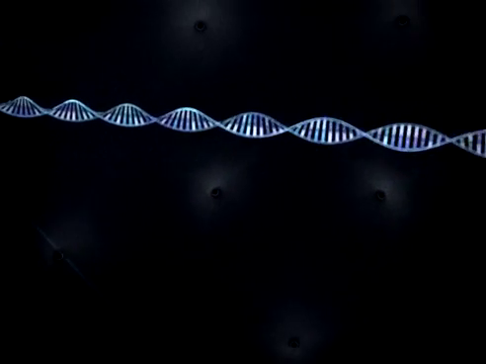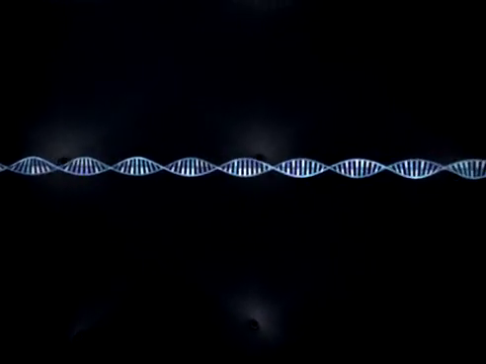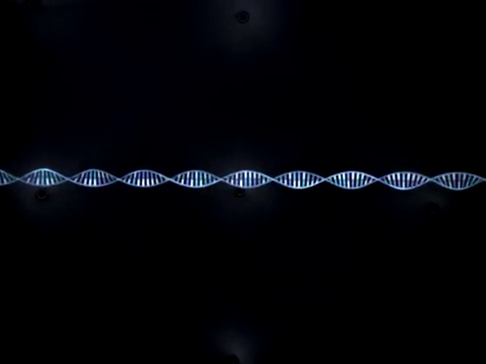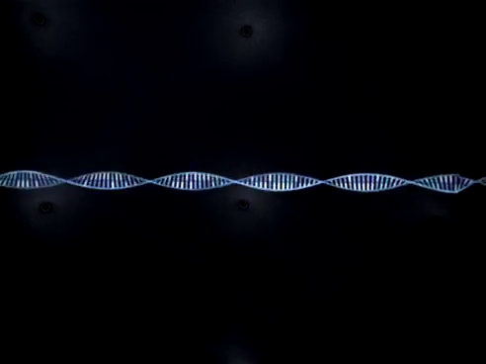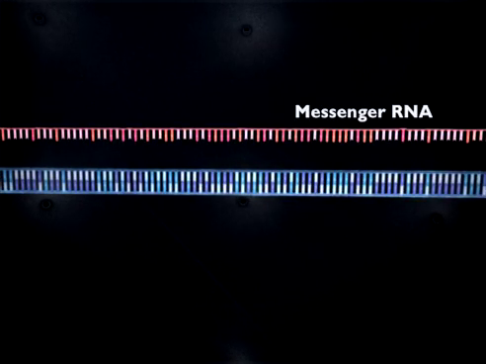Specific patterns of nucleotides represent particular genes, and these genes are the blueprint for the proteins that your body needs to work. To make the MAO protein, the DNA must first be transcribed into messenger RNA.